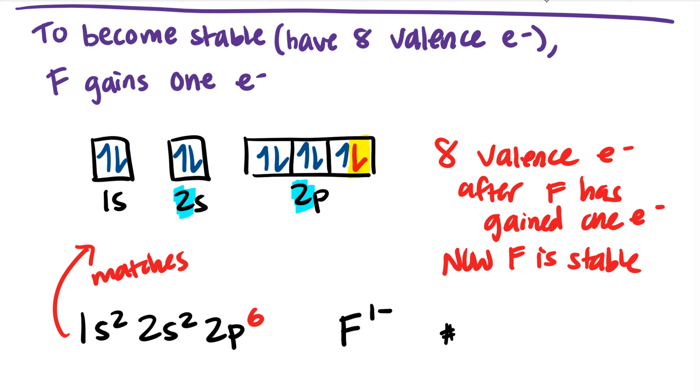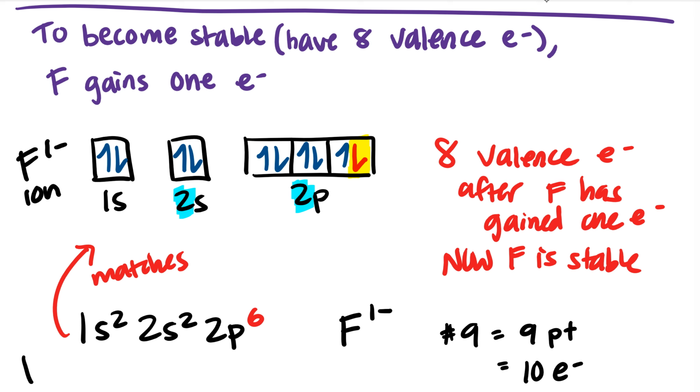We know that fluorine is number 9 on the periodic table, so that means 9 protons. But a 1 minus means there's 1 extra electron. There are 10 electrons in the fluoride 1 minus. And so what we have here on our paper is the orbital notation for the fluoride 1 minus ion and the electron configuration for the fluoride 1 minus ion, because that is the result of the fluorine atom gaining 1 electron.